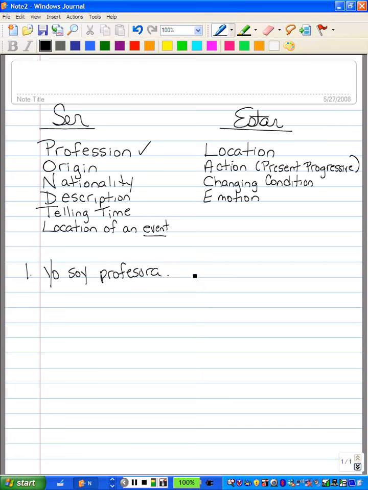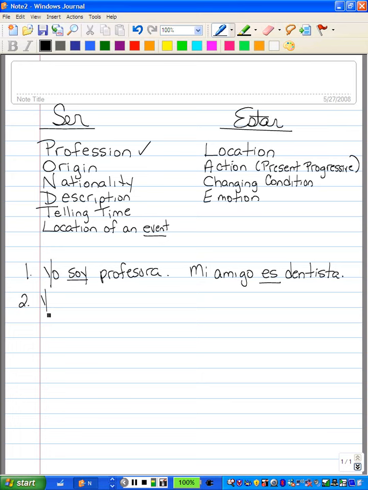Alright? You could say, mi amigo es dentista. Alright, we're using a form of the verb ser in both of these because we're given professions. In the second one, for origin, origin is where you are from, and we've already done those sentences from lesson 1.